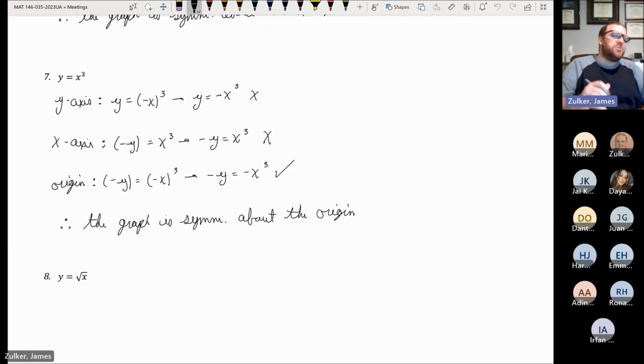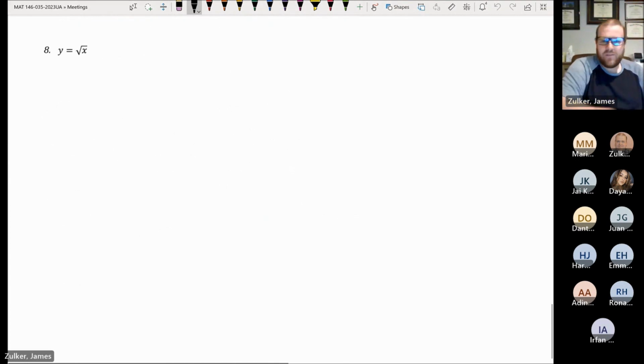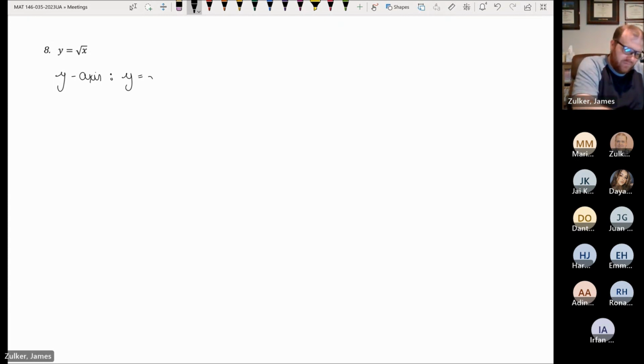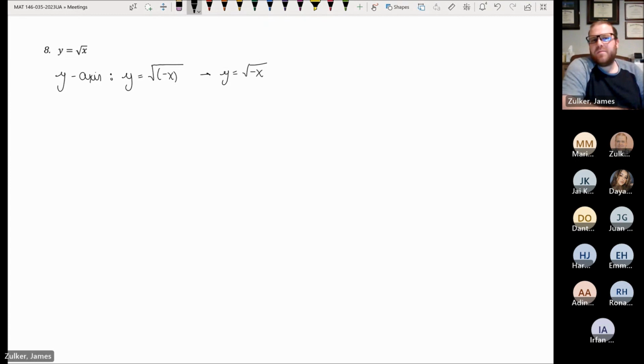Now have y equals square root of x. If you replace x with negative x, you get y is the square root of negative x.